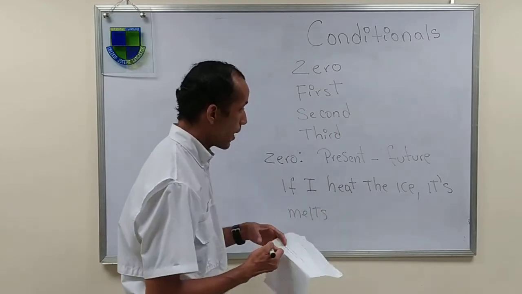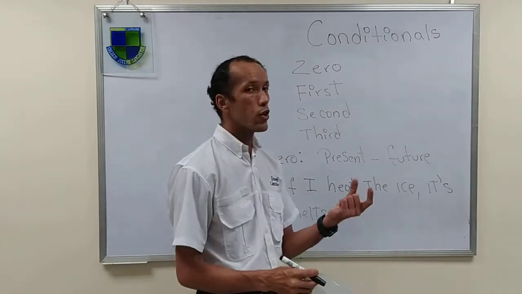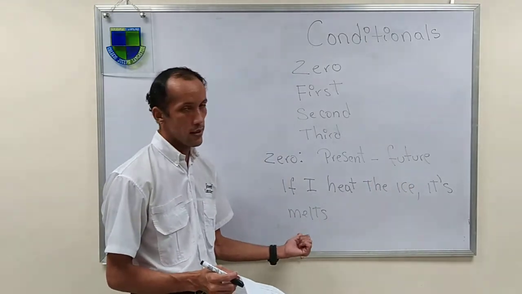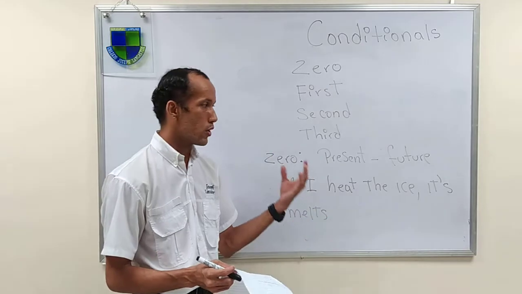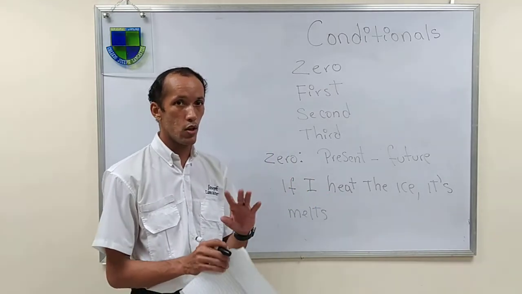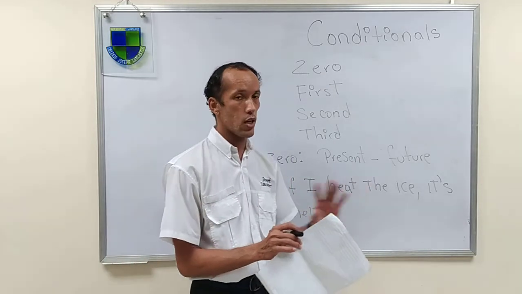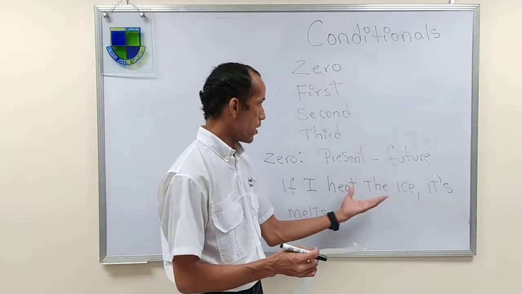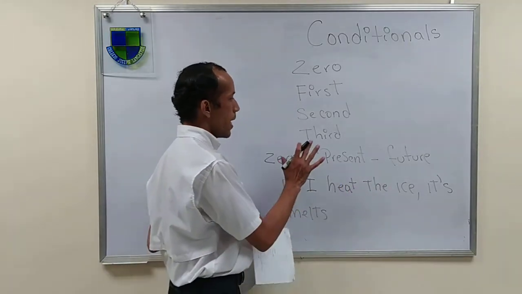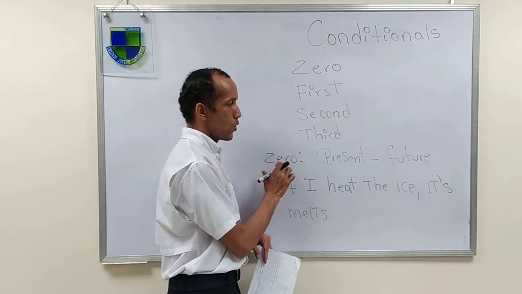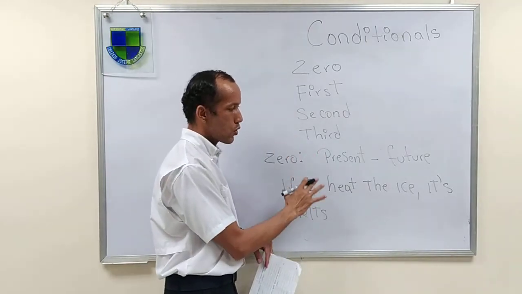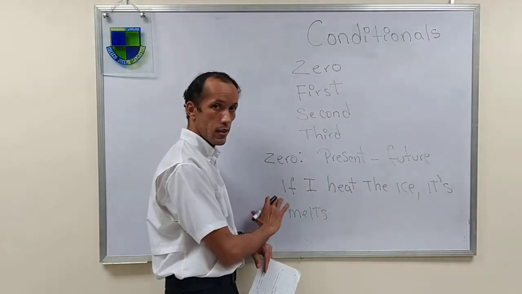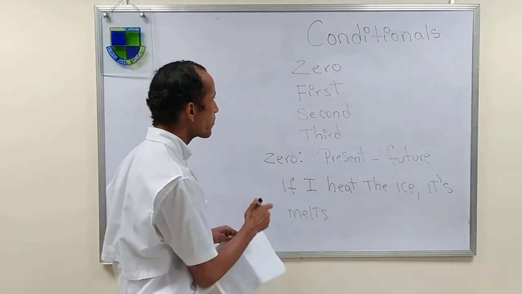If I hit a cube of ice, this cube is going to melt, right? So this is something possible, something that really happens. There cannot exist any doubt that it cannot happen. It really happens, it is true. So this is the zero conditional. It is focused on situations or events that really happen.